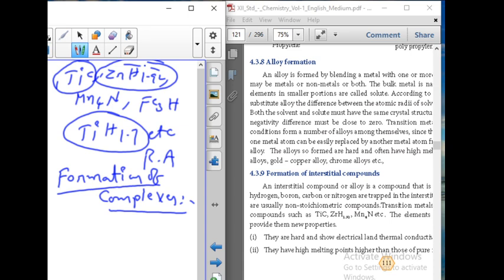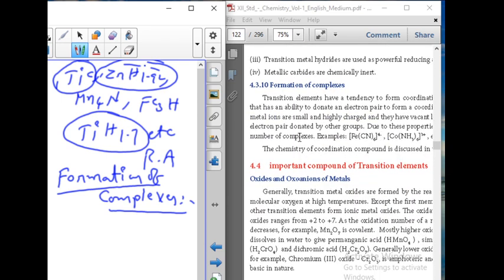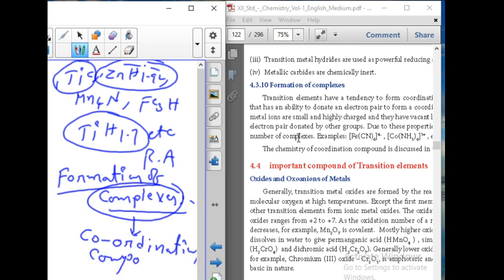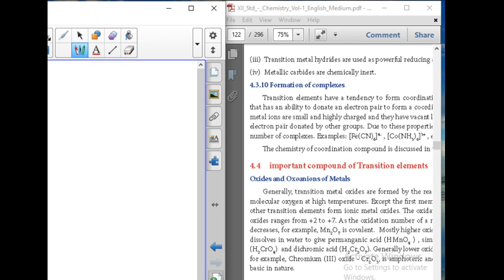So first of all, why can these elements form complexes? Transition elements have a tendency to form coordination compounds. Complexes or complex compounds are also called coordination compounds. What is the meaning of coordination?